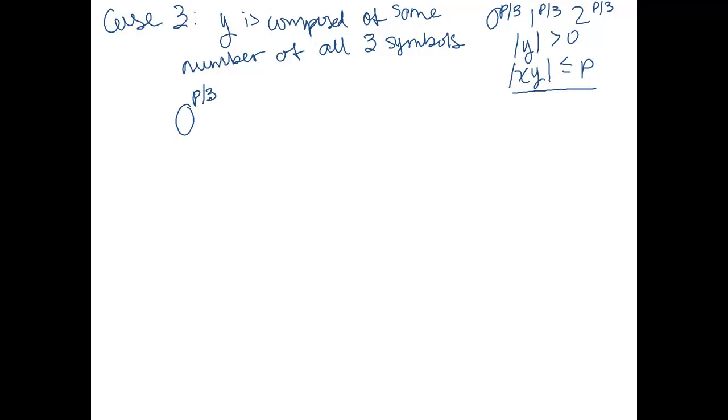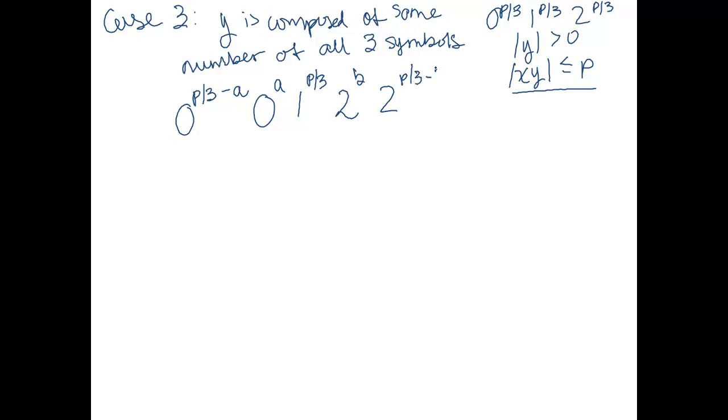Let's use a for the number of zeros that's in y. Y would have to contain all of the ones, because if y contains zeros and twos, then it has to contain all of the ones. And let's let b be the number of twos that y contains, and that means z could contain the rest of them.